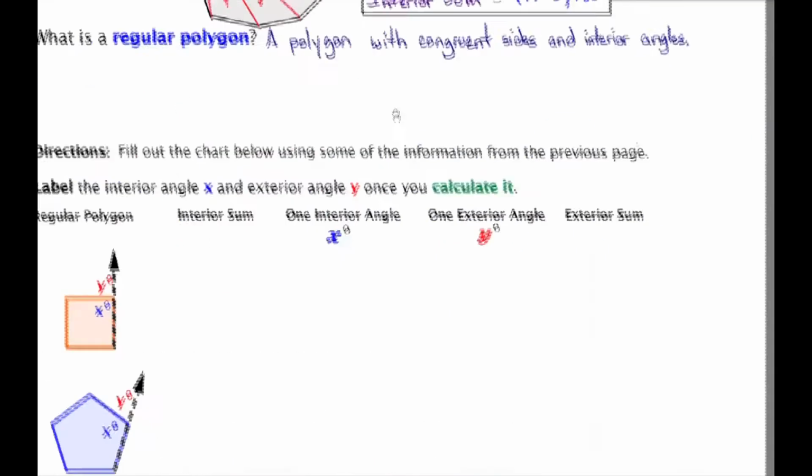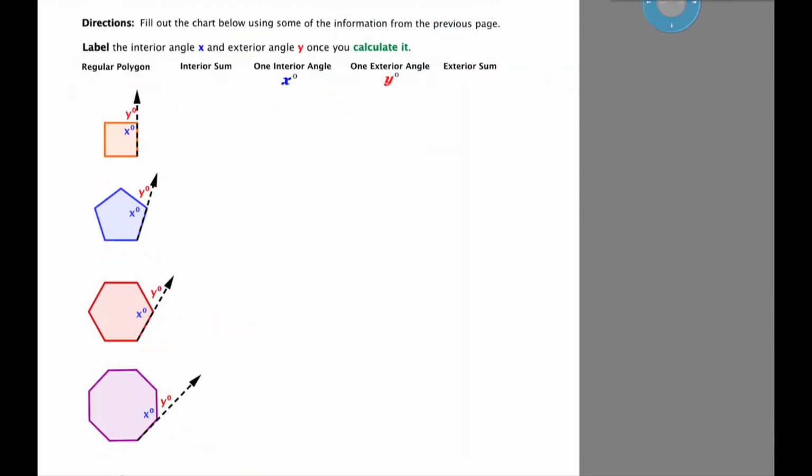So in the second part of this, I want you to fill out the chart using some of the information from the previous page and then find the interior angle and the exterior angle. Well, we know a quadrilateral has 360 degrees and all the interior angles are congruent. So if I take 360 and divide it by 4, I get 90. And we know that angle X and angle Y are both going to be a linear pair because they form a straight line.